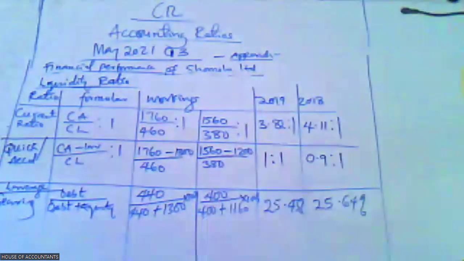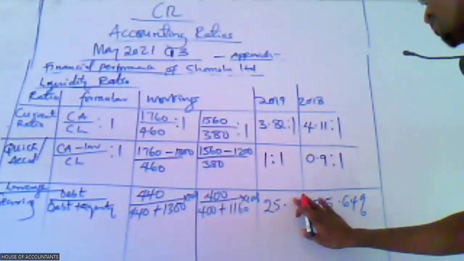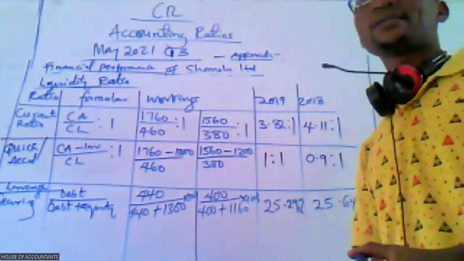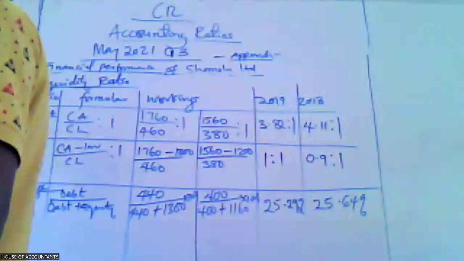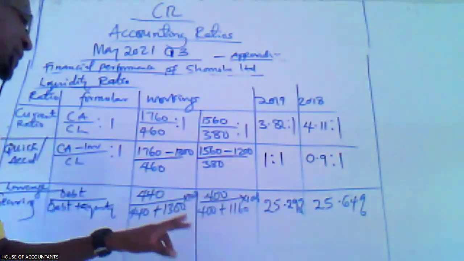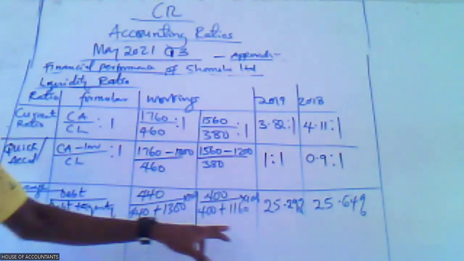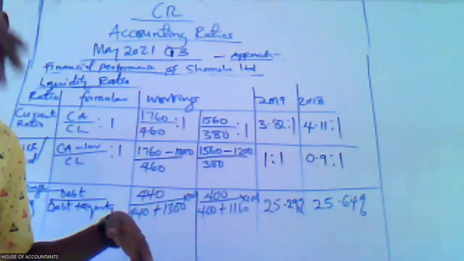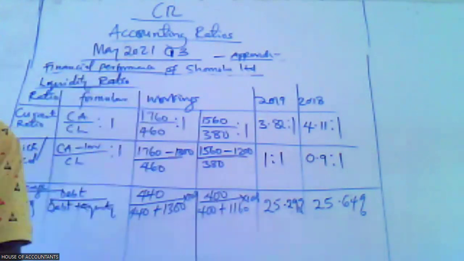So when the debts over these two is almost 50 and above, it means the company is highly geared. They are financed mostly by debts.